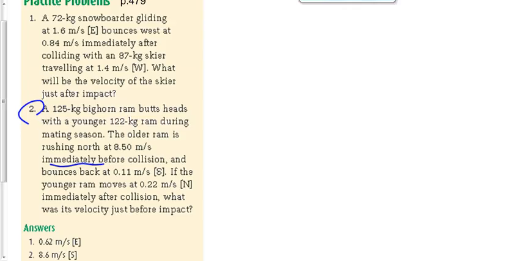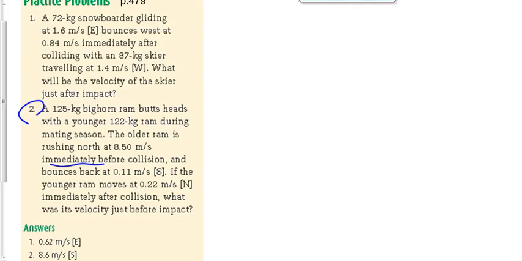It doesn't always say that. We don't always get those little hints, but sometimes we do. Okay, we know this is going to be conservation of momentum. No external forces. It's an isolated system. It's not the only thing you can do with an isolated system, but realistically, that's where they're leading us.